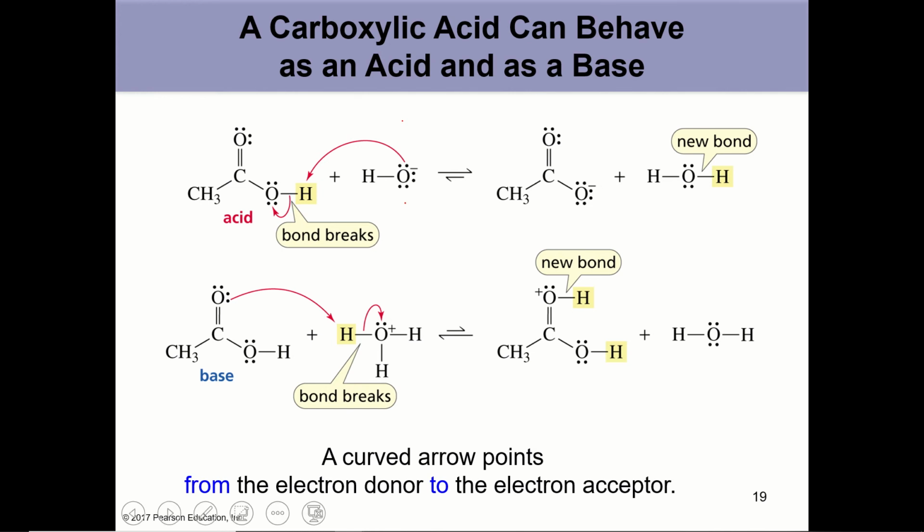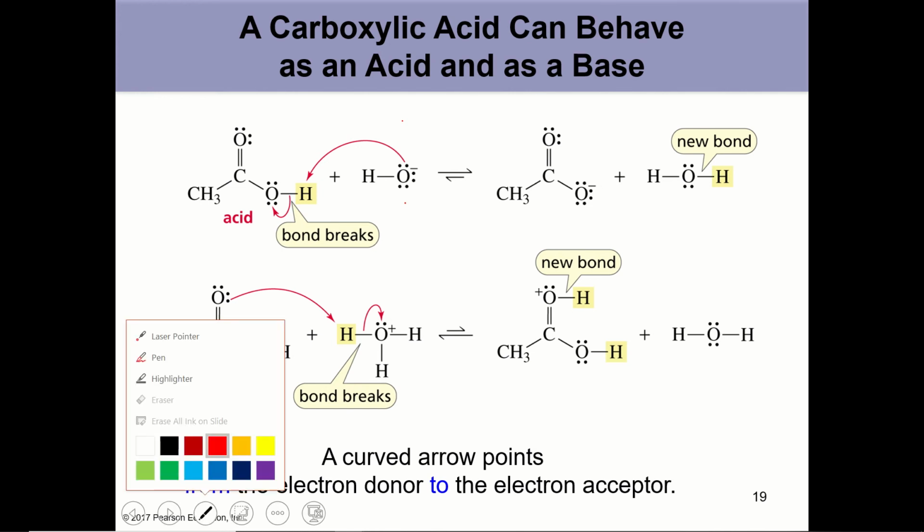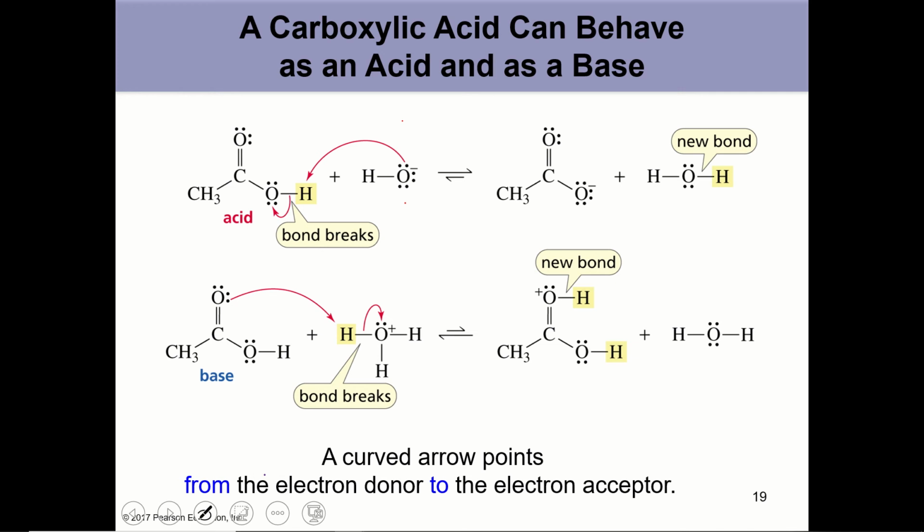Okay, let's write this out. Okay, so Lewis acid equals electrophile.